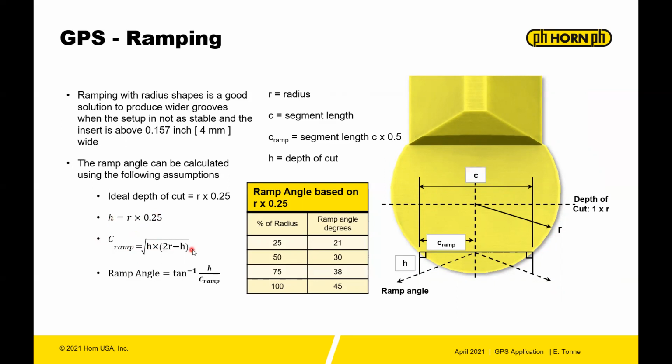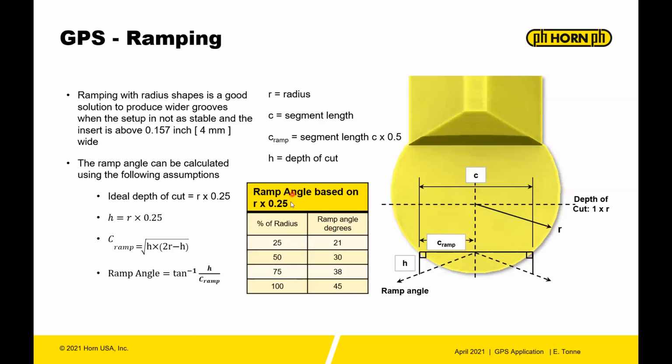Then you plug and chug the numbers. The ramp angle is just the tan inverse of your depth of cut over that C ramp value. The C ramp value is nothing more than the distance from the center line to where your depth is at the edge here.